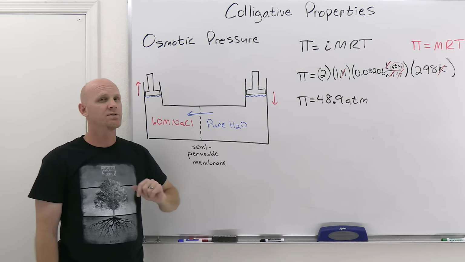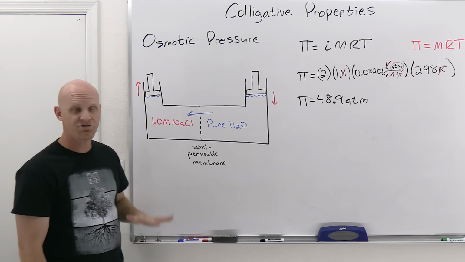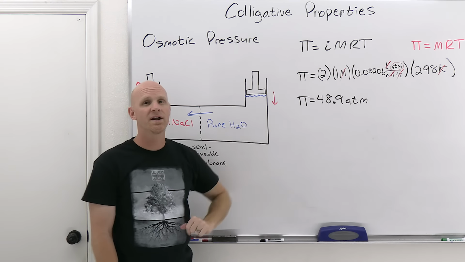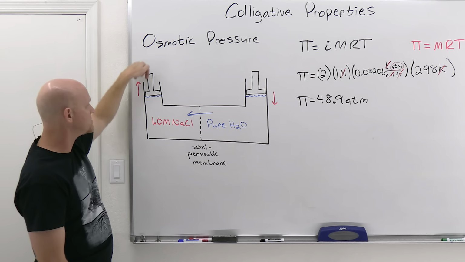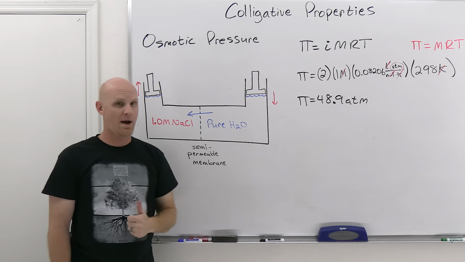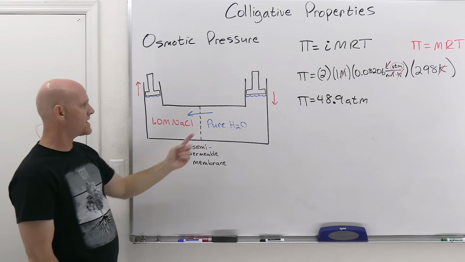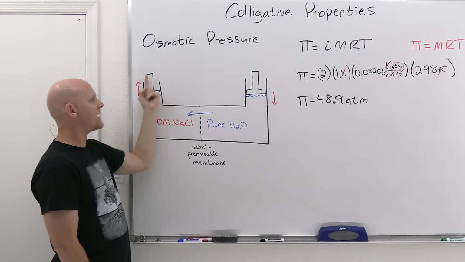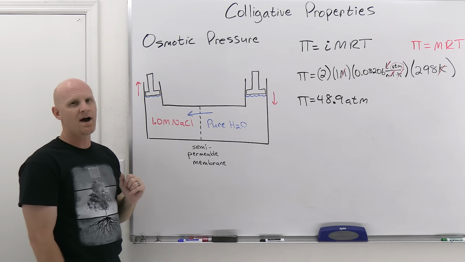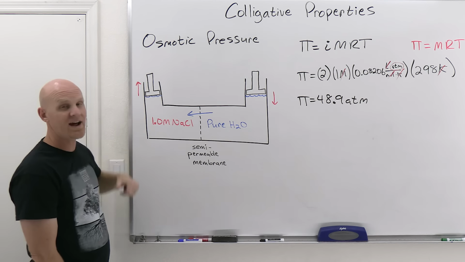Now, my question for you, and the important one here, is what if, not 30 atmospheres, not exactly 48.9 atmospheres, but what if I push down with 100 atmospheres of pressure? Well, osmotic pressure is only applying a pressure back of 48.9 atmospheres. So I'm pushing down with 100, I win.